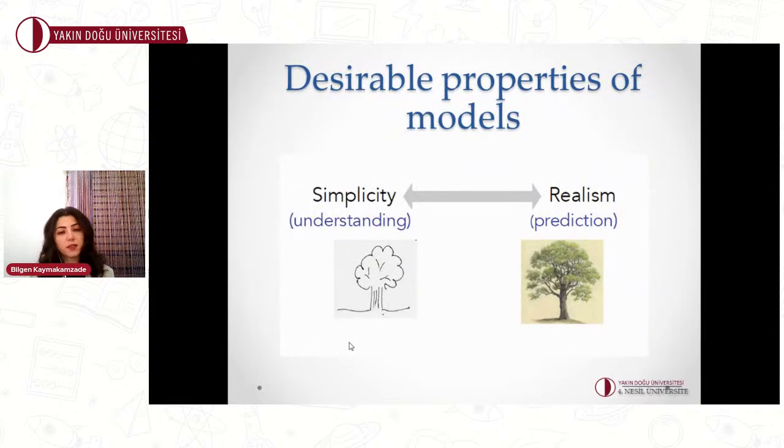If we check these figures, from the right-hand side, you can see the realism of the real tree. But I think you will agree with me that it is hard to study with this kind of figure. It is easy to study with the left side part.